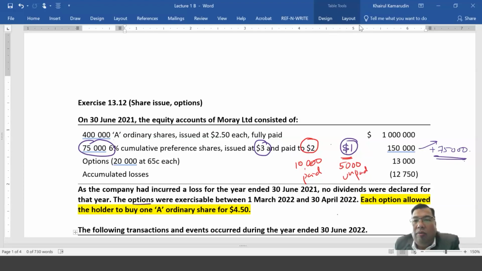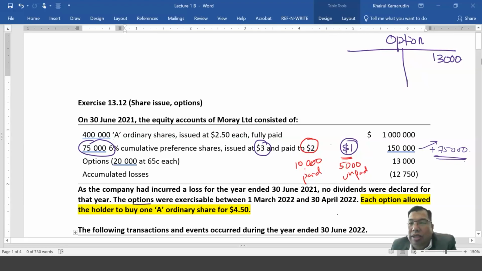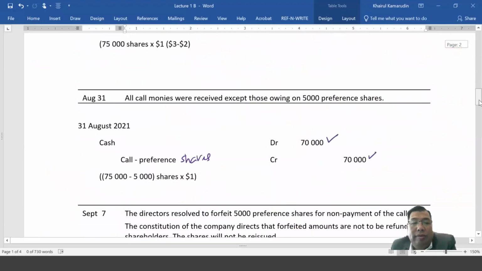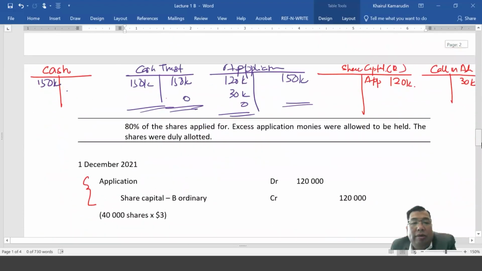The amount is 20,000 multiplied by 65, 13,000. From this 20,000, 16,000 exercised their right. So they opt to buy the new shares, so there will be an increase in the new shares, 16,000.